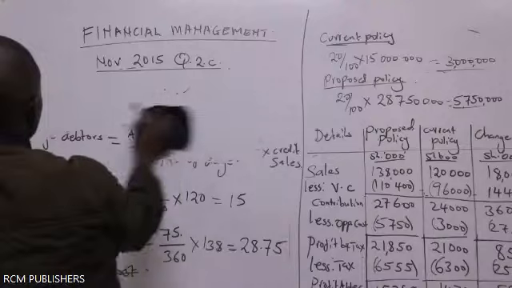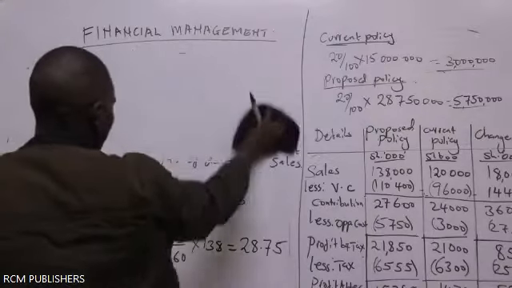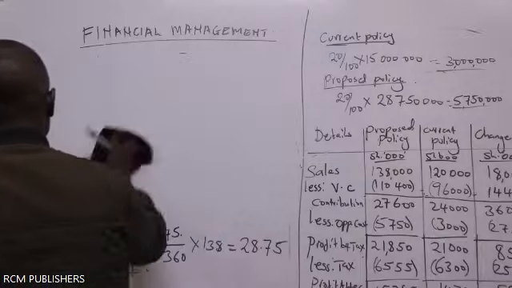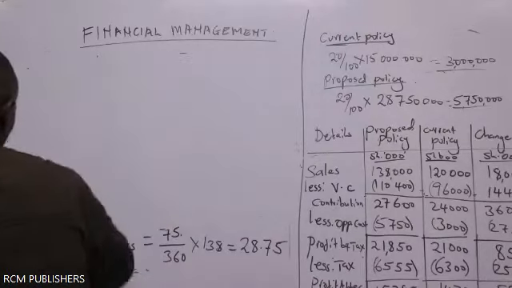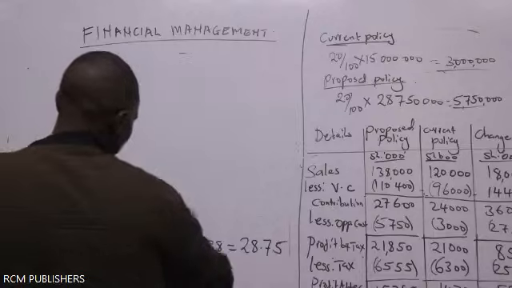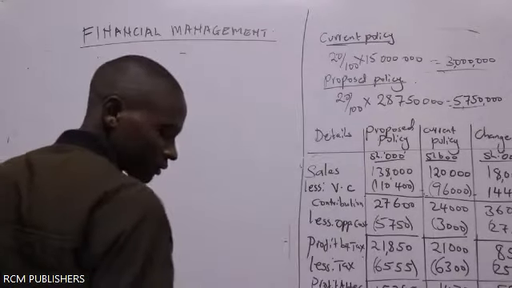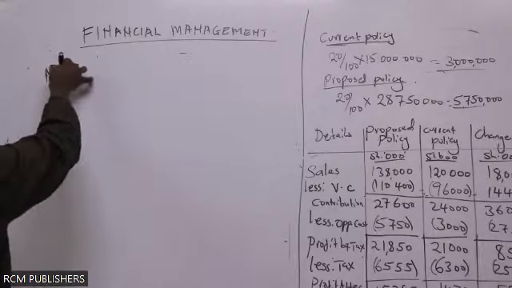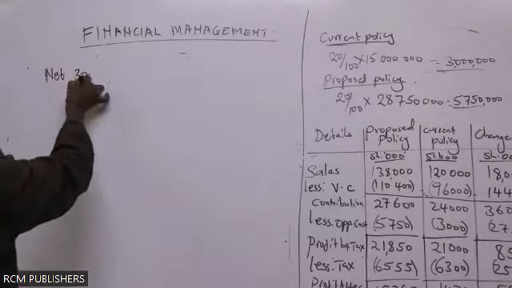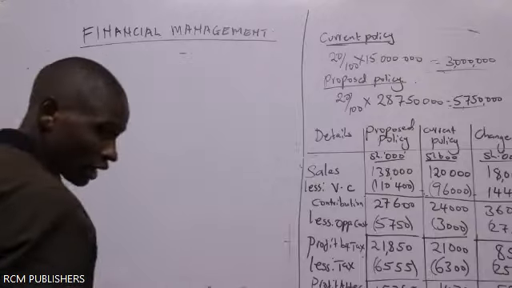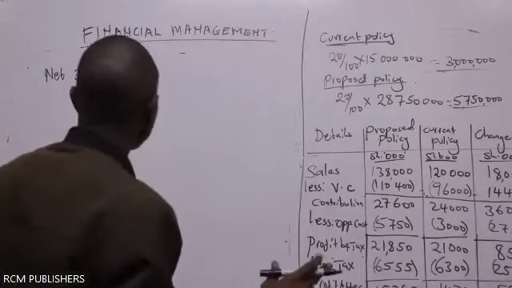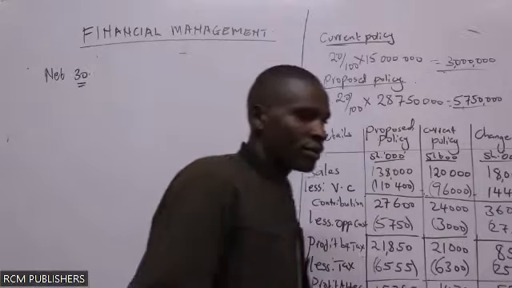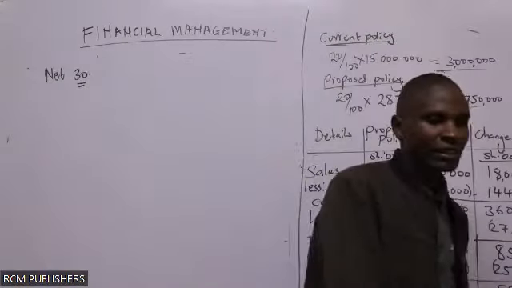Let me just click that for you. Tunasema net 30. Sikia hivi. Sasa kuna vile hiyo haijatosha bado. Kuna vile it should be net 30, then some information telling you over a discount.